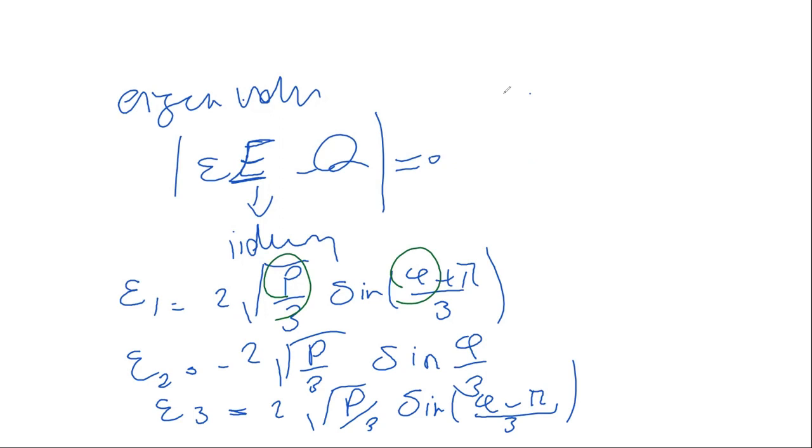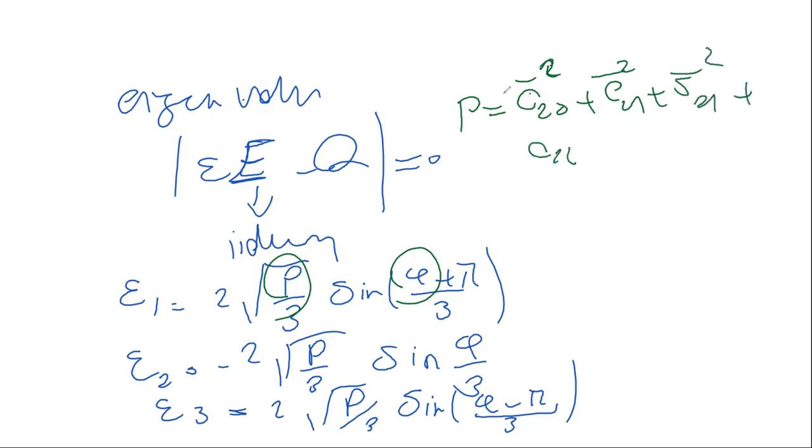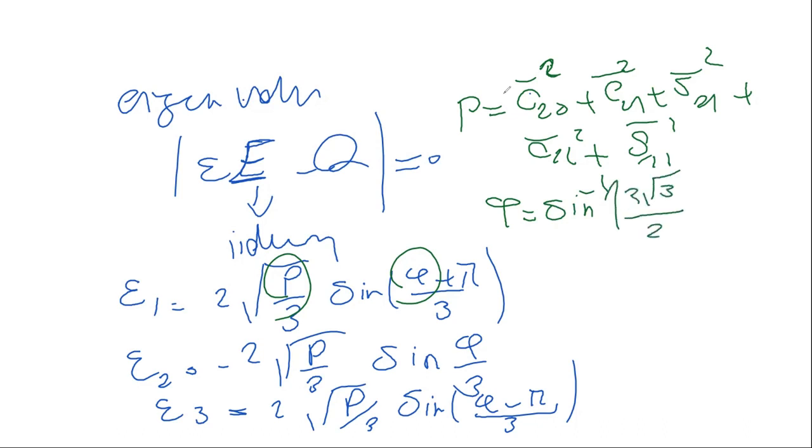So what are they? p is simply a quadratic sum of all these spherical harmonics of degree 0 and 2, C22 squared normalized and S22 squared. And φ here is not latitude, be careful, it is sin 3φ equals 3√3 divided by 2p times q.